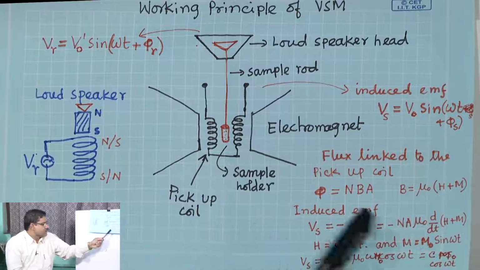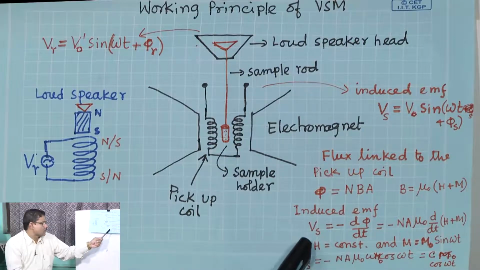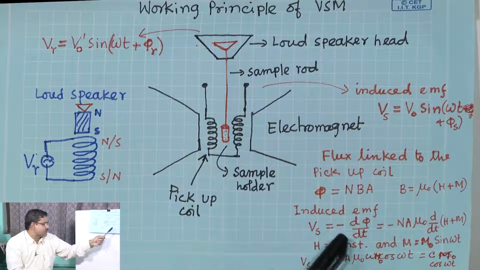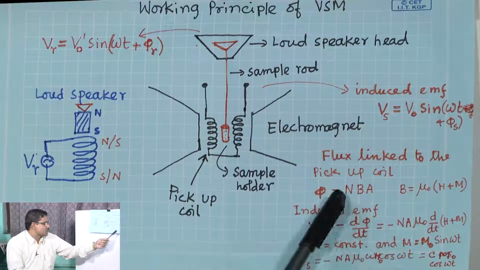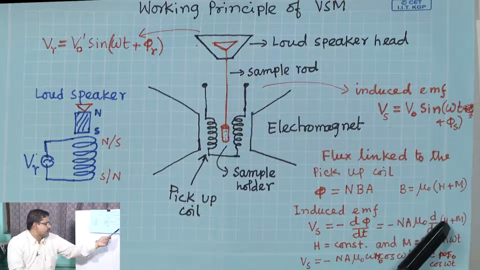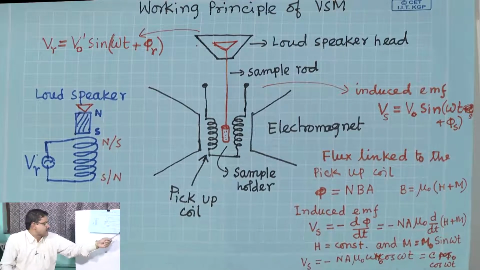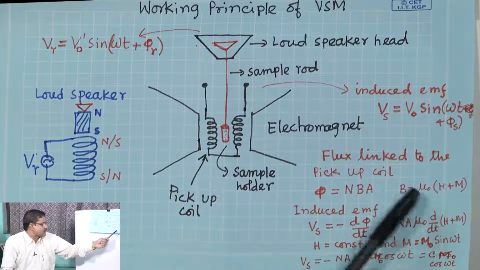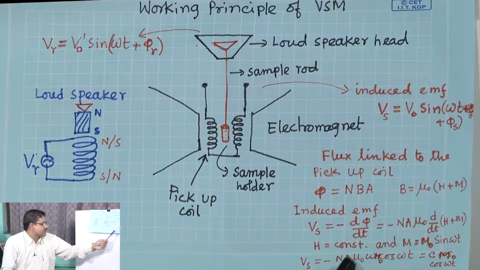Now, this induced EMF, as I told, is minus d phi by dt. So Vs, the induced EMF, equals minus d phi by dt. Now phi is this, so N A mu 0 d by dt of (H plus M). The number of turns in the coil, the area of the coil, and mu 0 are constant.